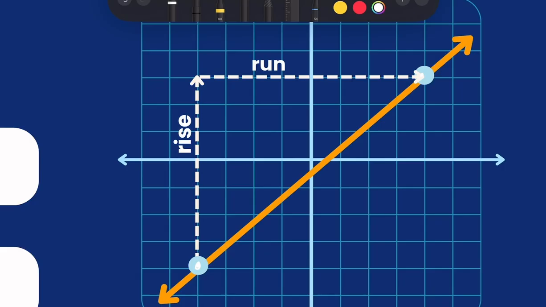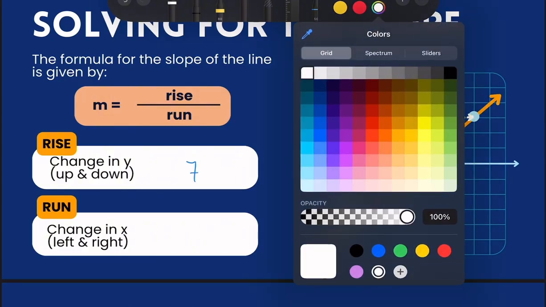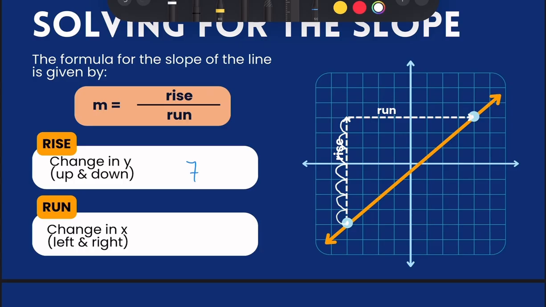I am now going to count how many times did I go up from one point to the next. I went up 1, 2, 3, 4, 5, 6, and 7. So that means that my rise will be 7. Now let's see our run.